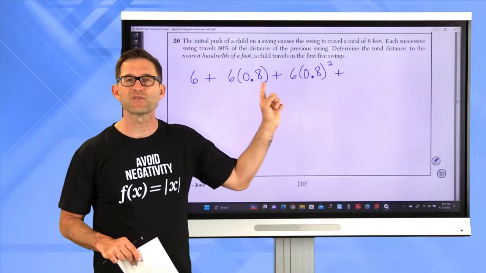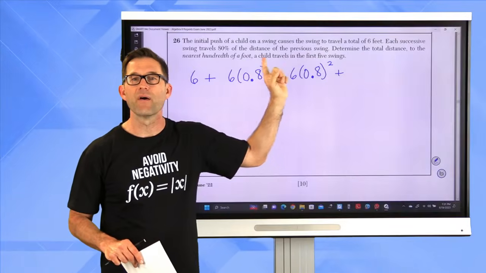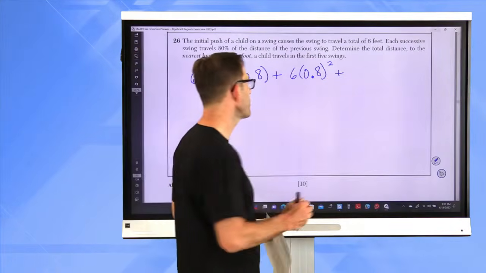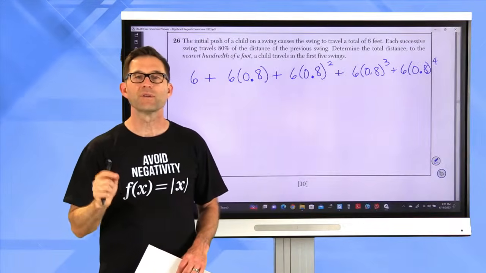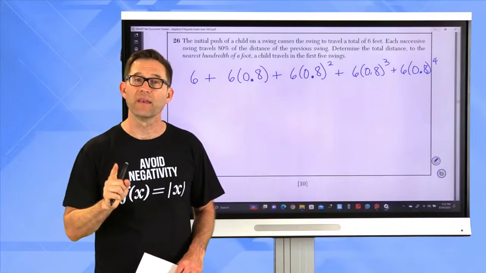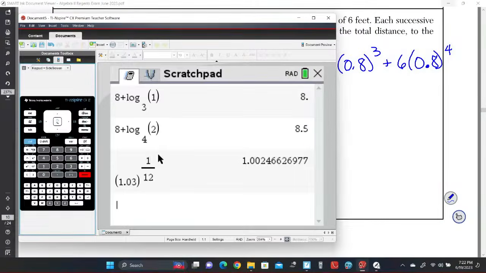First swing, second swing, third swing. We want to know the total distance of the first 5 swings. We've got 3 of them. The next one's going to be 6 times 0.8 to the third, and the last one is going to be 6 times 0.8 to the fourth. That is what's going to give me the total distance, but I need it to the nearest hundredth of a foot. So here comes my calculator.